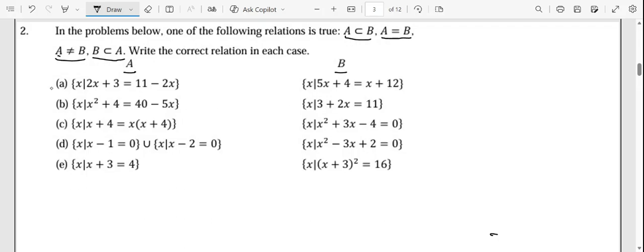Okay, so we get the first part, part A. We have 2x plus 3 is equal to 11. If I'm to solve this, this can come to this side, or you choose. Tell me how should we solve this equation?